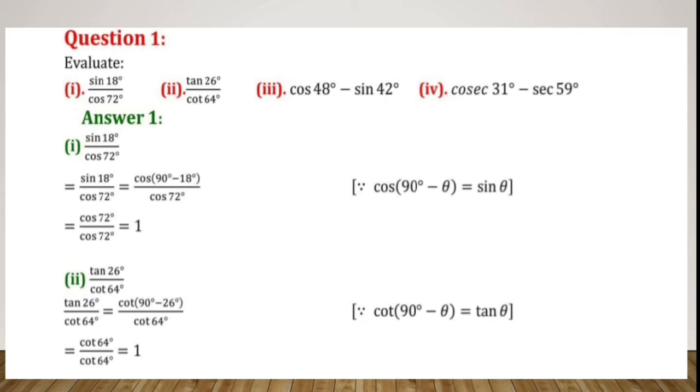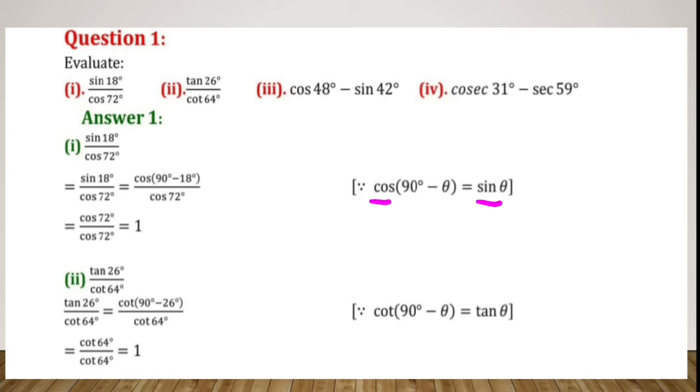Okay, so let us talk about the first part. It is sine 18 by cos 72. If you remember the 6 formulas I discussed in the previous video, I told you that cos is the complementary ratio of sine. That means cos 90 minus theta is equal to sine theta.